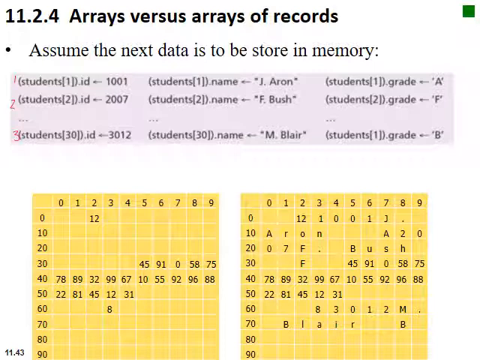So if you just quickly look at this data, the ID is an integer field, or it could be a string field, depends on how you want to implement it. The name field is a string and the grade field is a character. Now, there's about 6-7 characters there.